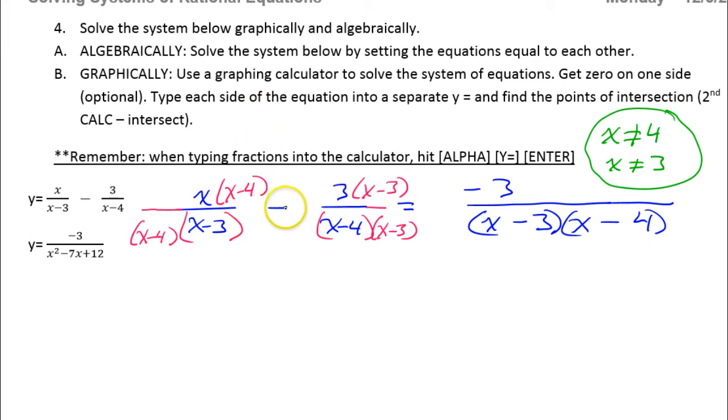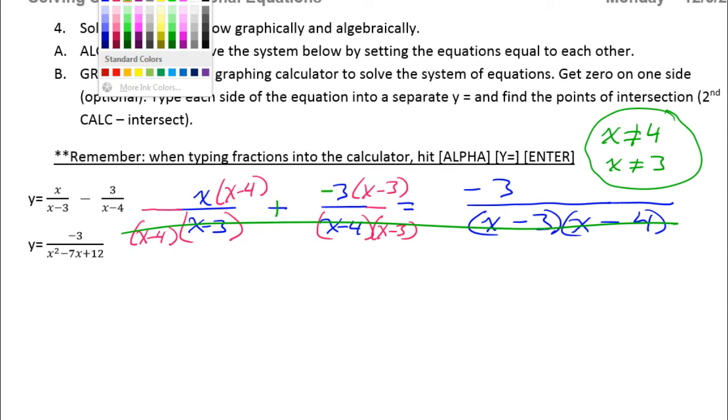I am going to make sure that I put this minus sign on this negative 3 so everything happens the way it's supposed to. So I'm going to do that now by turning this into a plus and putting that minus right on that 3. Okay, just got to be real careful about that. So now I can cross out these denominators and see what I have.